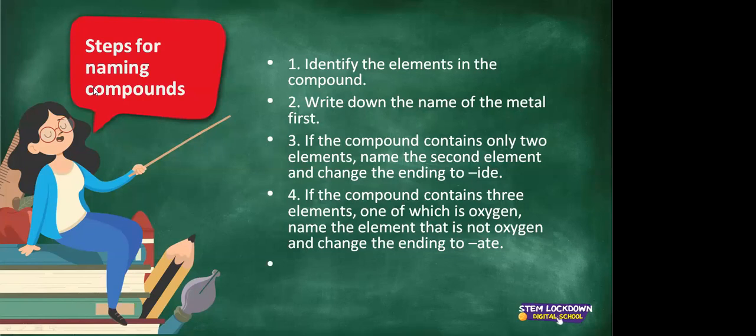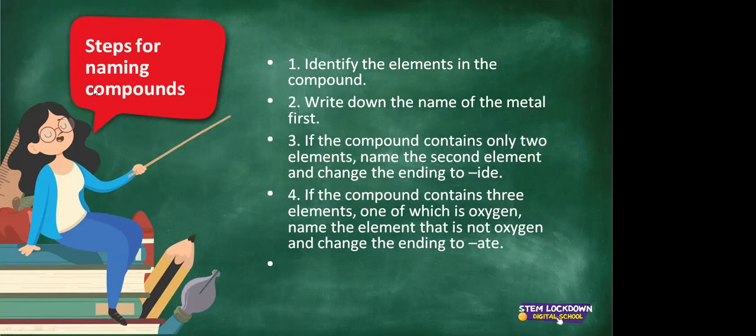You already know where you find your metals in your periodic table, therefore you will know this is a metal. Whenever you are naming a compound, you write down the name of the metal first. If the compound contains only 2 elements, name the second element and change the ending to IDE.